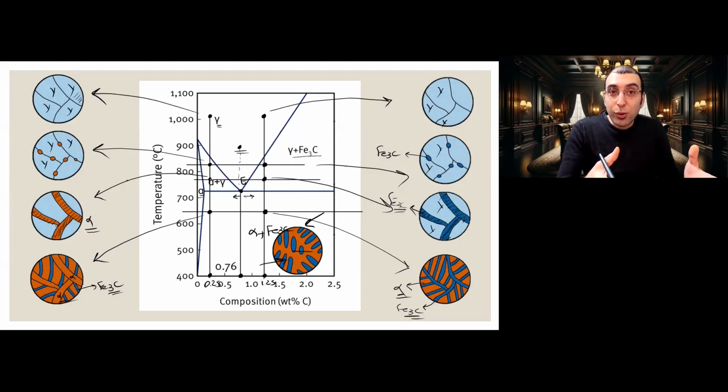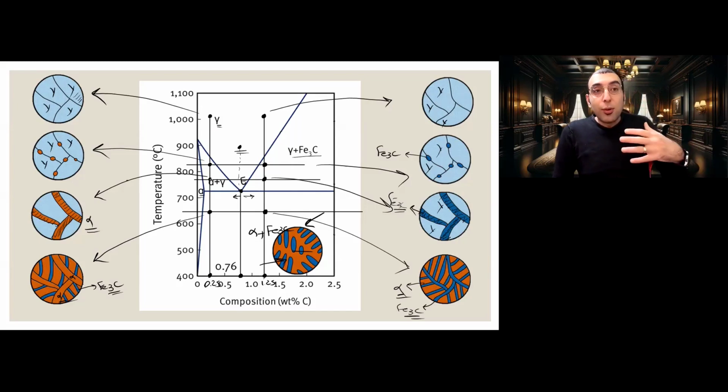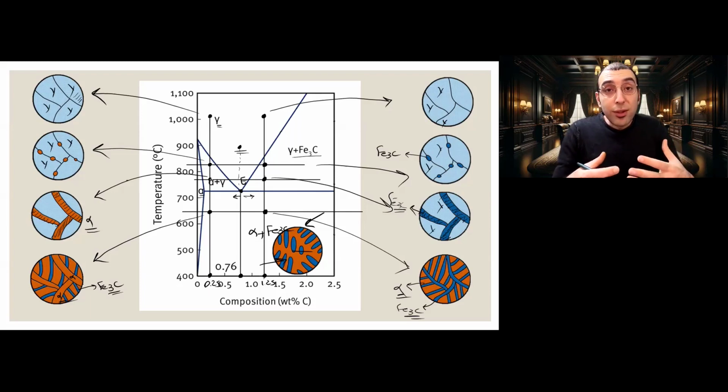No, air cooling is too fast for these phase diagrams, because we need to give materials time to fully form their phases. For these phase transformations, we need time. Atoms need time to move and form new phases.